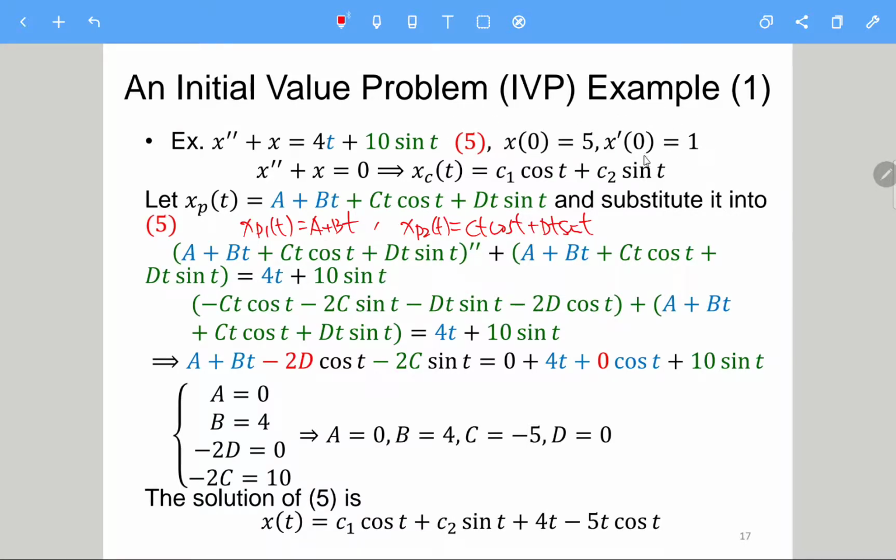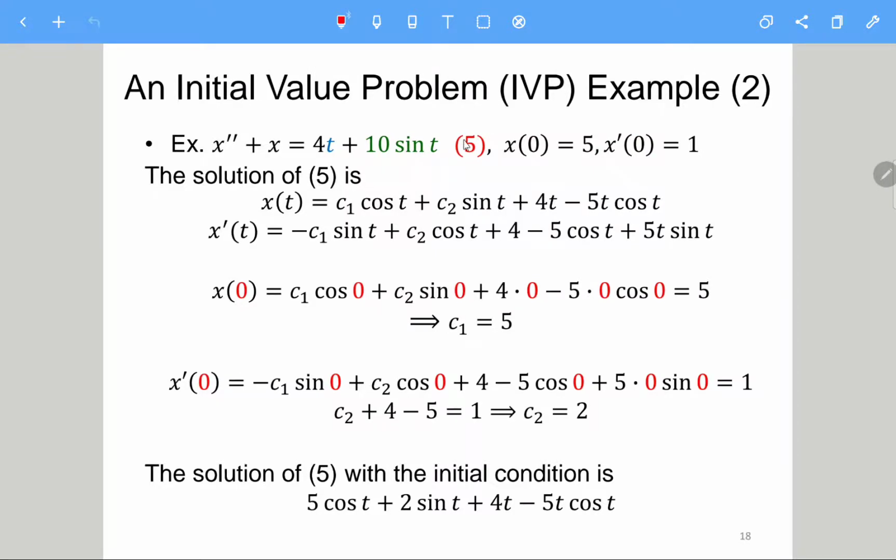If we don't have the initial values, then we are already done. However, we have initial values here, so we need to do the third step, which is to determine c1 and c2. To do that, first we need to determine x prime of t by taking the derivative of the complete solution, because we need to evaluate the first derivative at 0.